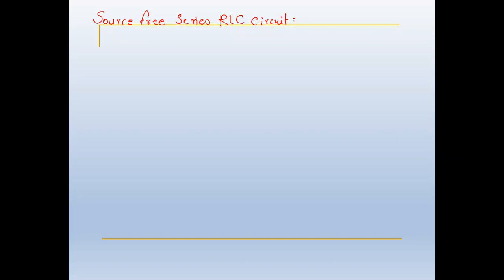But before that, we must know what is the source-free RLC circuit. Source-free means there will not be any energy source associated with the circuitry. And as it is the RLC, the resistor, inductor, and capacitor will be connected in series.